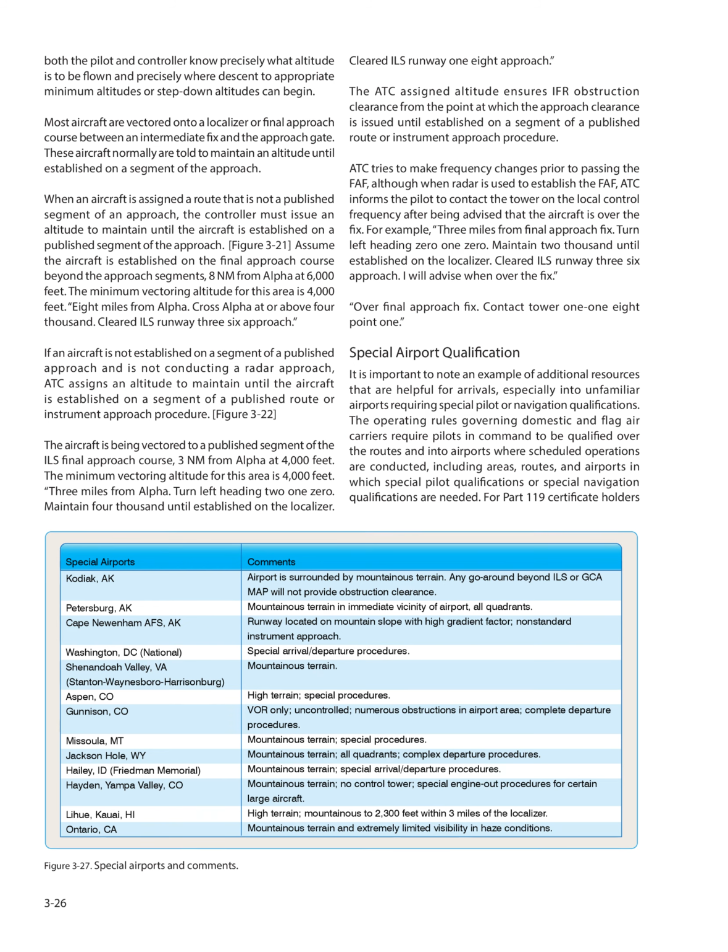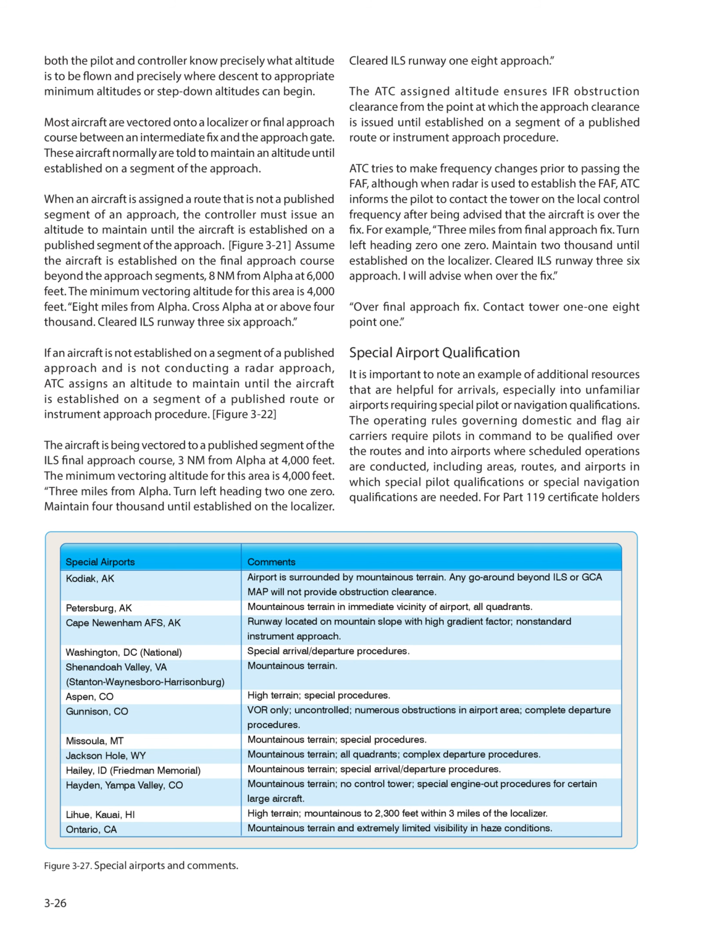Special airport qualification. It is important to note an example of additional resources that are helpful for arrivals, especially into unfamiliar airports requiring special pilot or navigation qualifications. The operating rules governing domestic and flag air carriers require pilots in command to be qualified over the routes and into airports where scheduled operations are conducted, including areas, routes, and airports in which special pilot qualifications or special navigation qualifications are needed.